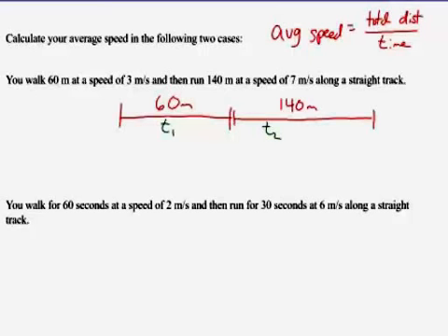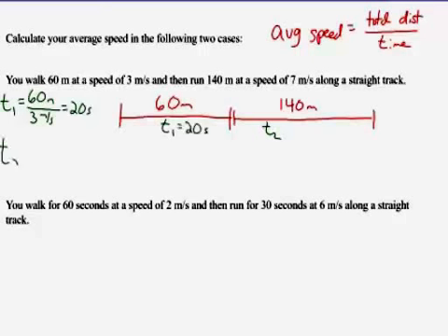And so if speed is distance divided by time, time is the distance traveled divided by the speed. So T1 is the distance traveled in part 1, 60 meters, divided by the speed during part 1, which is 3 meters per second, which gives 20 seconds.